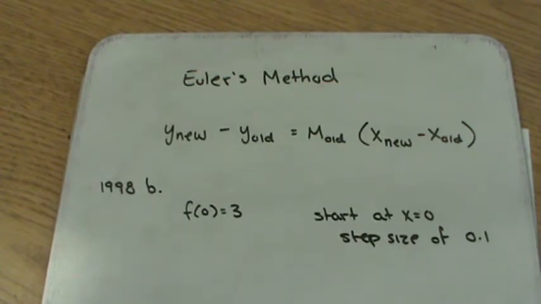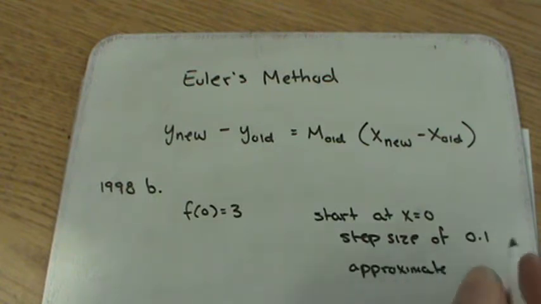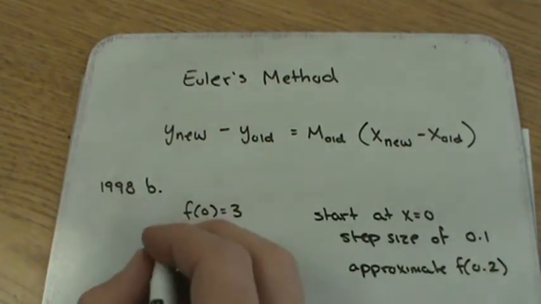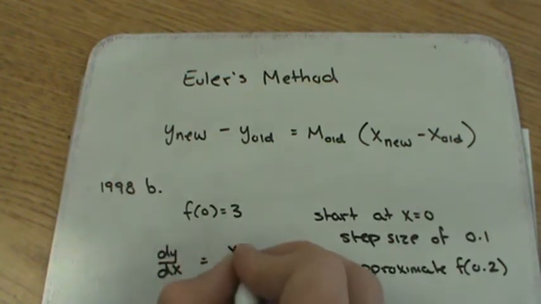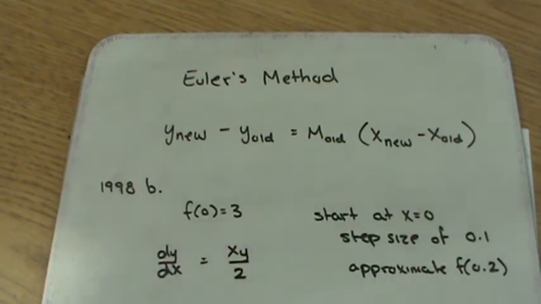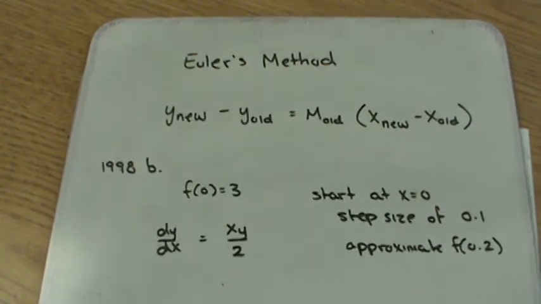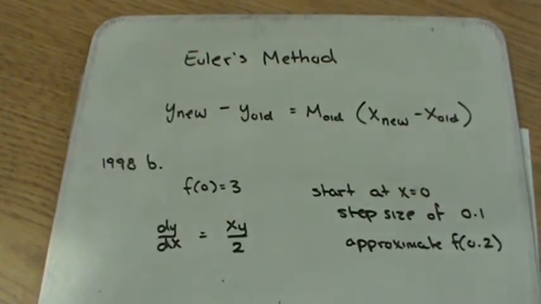And we're going to use it to approximate f of 0.2. So we want to approximate f of 0.2 there. Well, the differential equation they give us is dy over dx equals xy over 2. So that's all we need to actually figure this out.